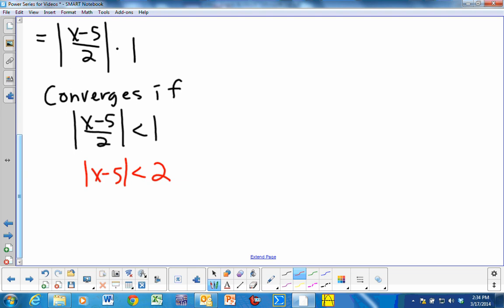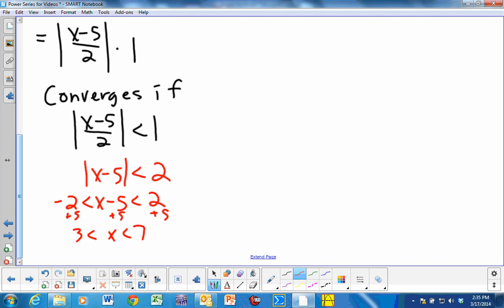So when I look at this inequality, you need to remember back to your inequalities, this actually means that x minus 5 is somewhere between -2 and 2. That's one way to write it. And then all you have to do is add 5 and you'll get the interval here. So if I add 5 to all 3 parts here, add 5, add 5, add 5, this means that we are between 3 and 7.